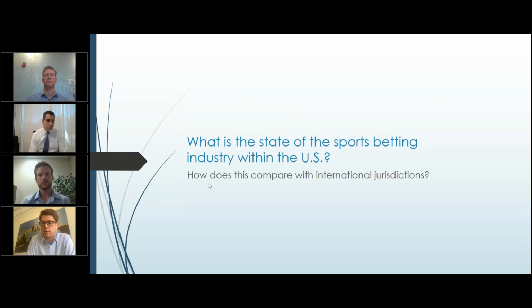Some of our data indicates that between $40 and $50 per person are spent on sports betting annually in Nevada. You look at some European countries and that's way higher. You look at other European markets and that number is way lower. So despite the structural and product-oriented differences, you do nonetheless see U.S. consumers participating in terms of volume and consumer spend in an encouraging way in this market.